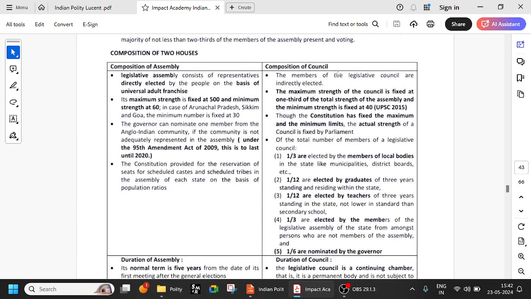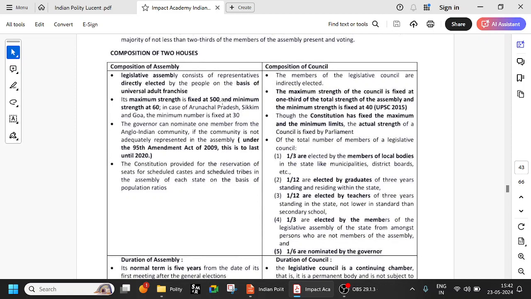There are separate graduate constituency, teachers constituency, doctors constituency. So there is a certain kind of indirect election. The members of the legislative council are indirectly elected. Suppose there is a graduate constituency, only those who have a graduate degree will vote. Not everyone can vote as in the case of assembly.